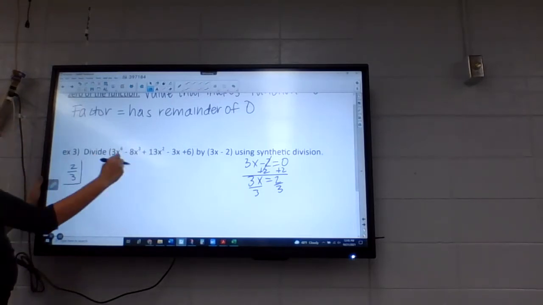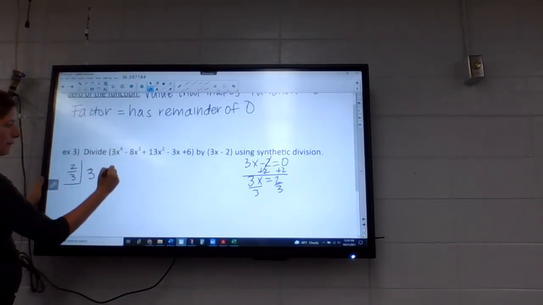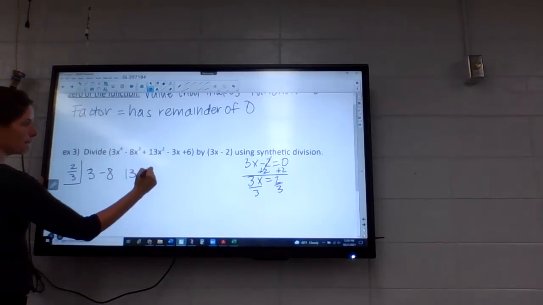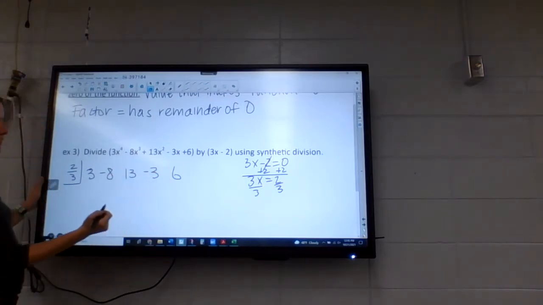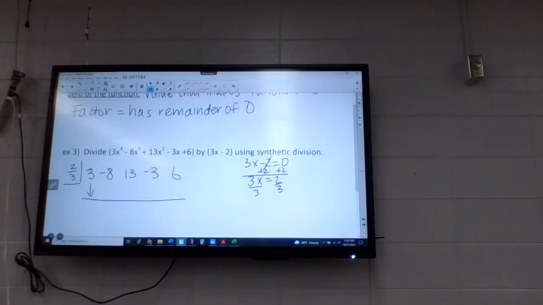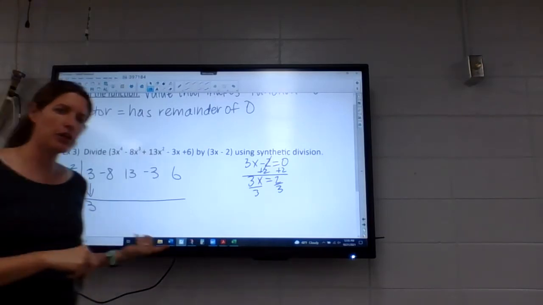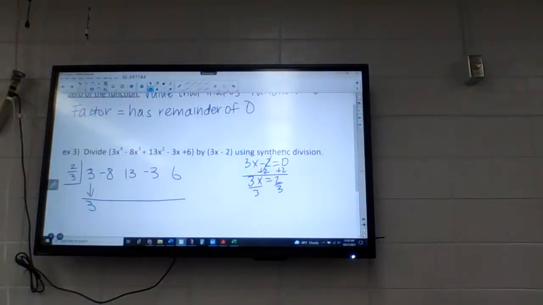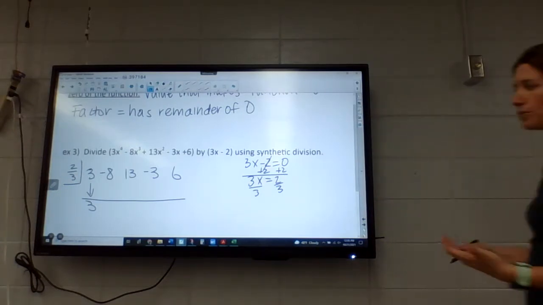Now we're going to do all our coefficients here. I don't think there's any missing powers of x, right? Don't forget to start by dropping down first. The good news is 2/3, as much as it seems like a really awful decimal, is going to work out nicely because 2/3 of 3 is just 2.